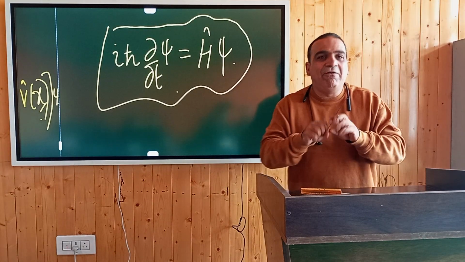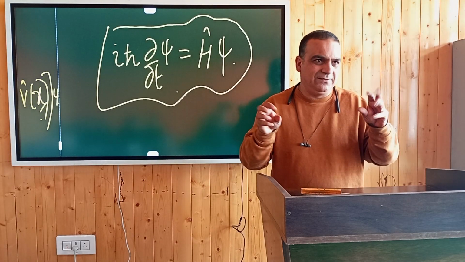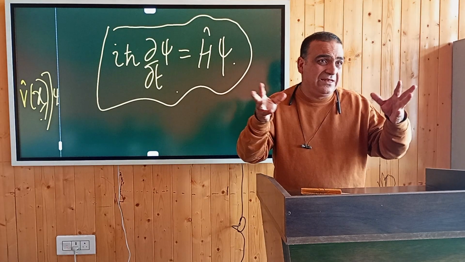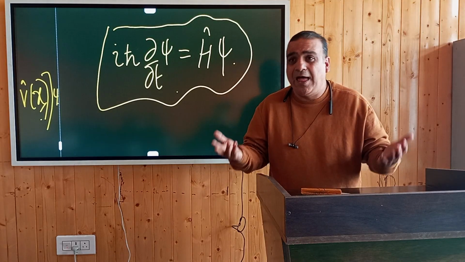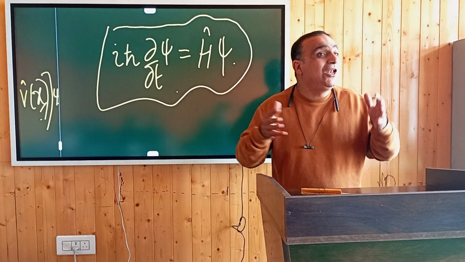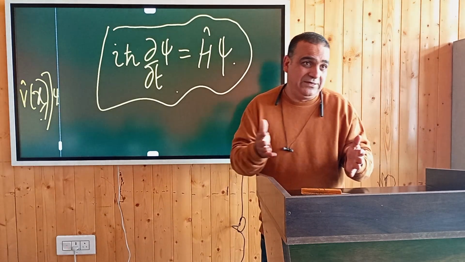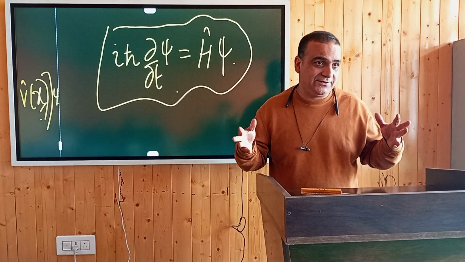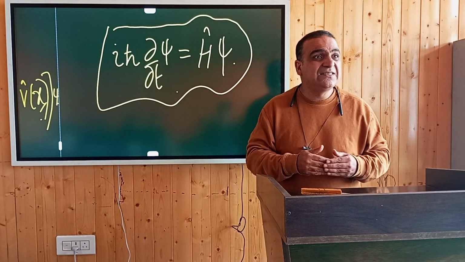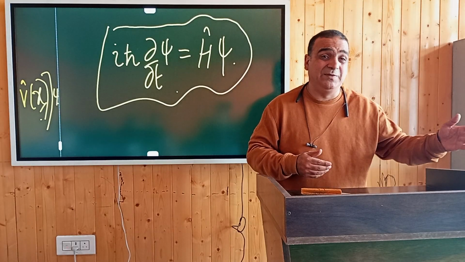See, if everything is simple, real, I would like to have psi as a real number. But when I look at the microscopic system I'm talking about, the microscopic system is complex. It has infinite probabilities. It has infinite possibilities.